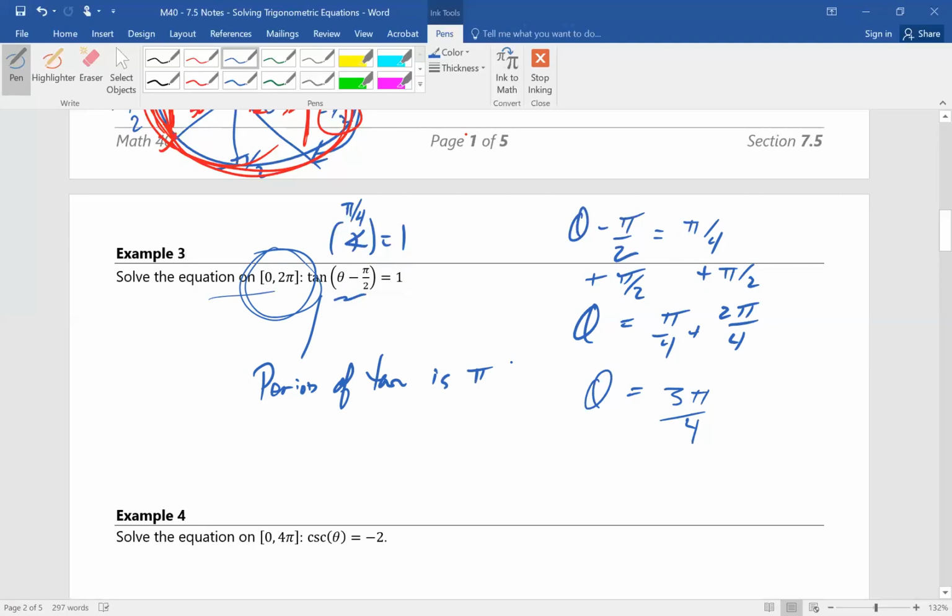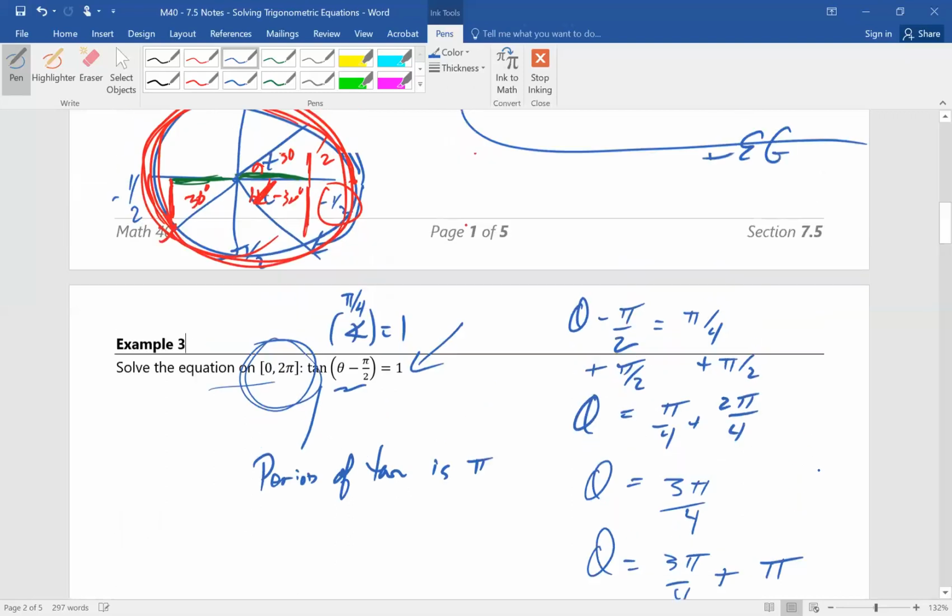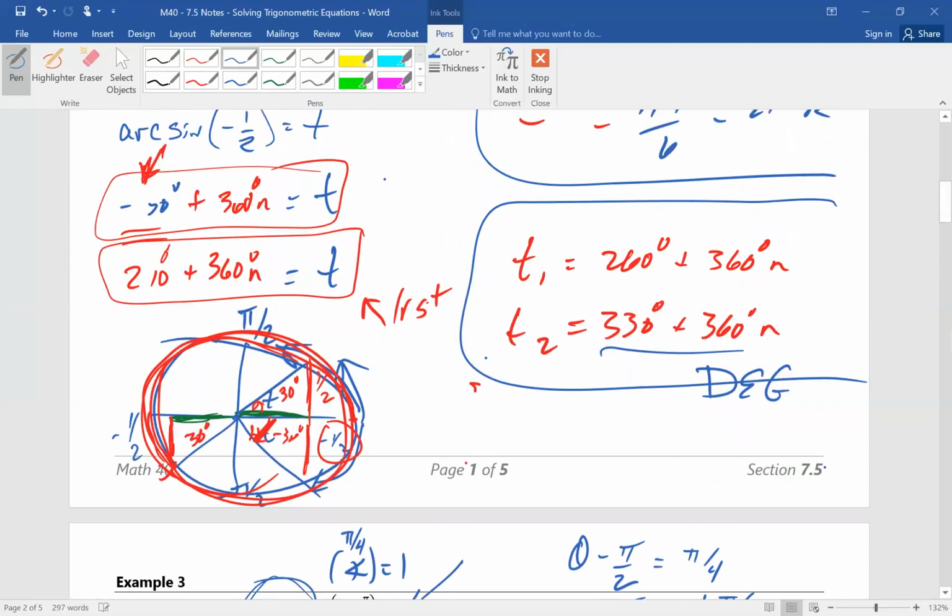So you're going to have this 1 happen again: there's a first angle, and your second one is going to be 3 pi over 4 plus pi radians. Not bad, huh?